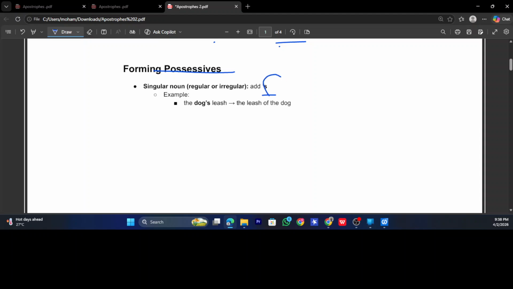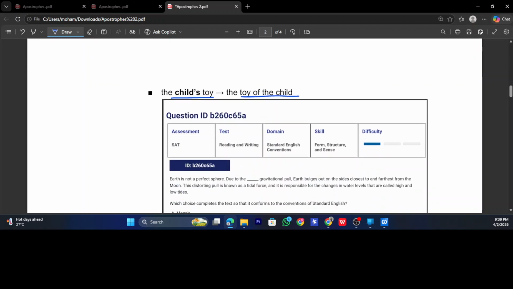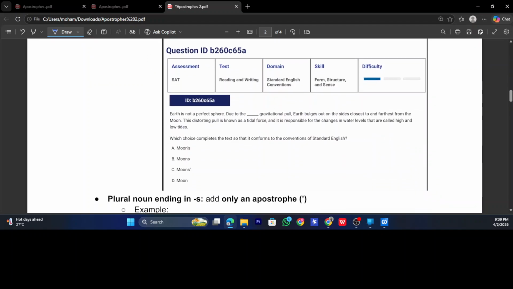For example, the dog's legs, the legs of the dog, and the cat's toy, the children's toy, the toy of the children. Here is one example we will solve right now.